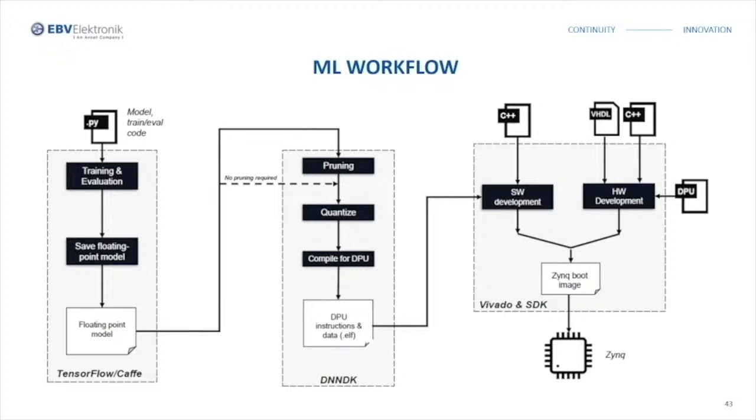You can see the pruning step is the first one, which is optional. Pruning, as mentioned already, is an optional step which allows us to reduce the redundancy and optimize our network.